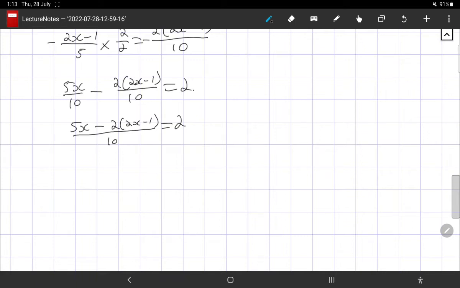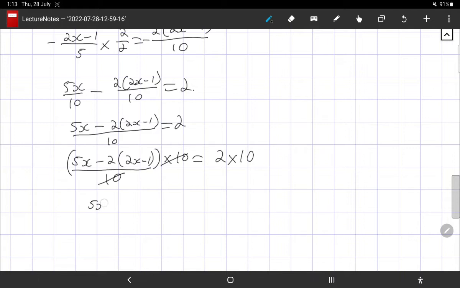Our next step is then, as we've discovered before, the numerator is effectively in brackets. It cannot be touched. We have to look at the denominator first. This whole expression is divided by 10. The inverse of that is multiplication by 10. 5x take 2, 2x take 1, times 10, divided by 10, equals, and we do the same to both sides, the 10 gets cancelled out, and let's simplify that, equals 20.